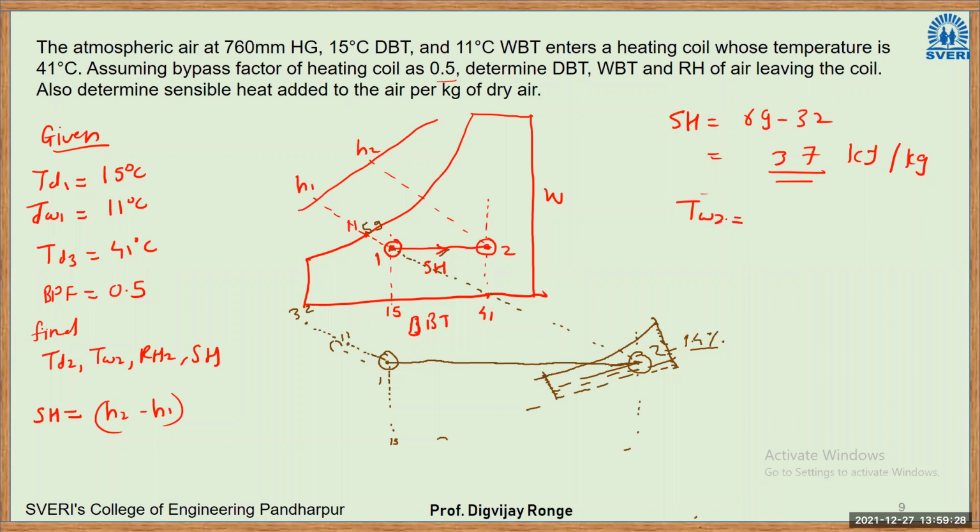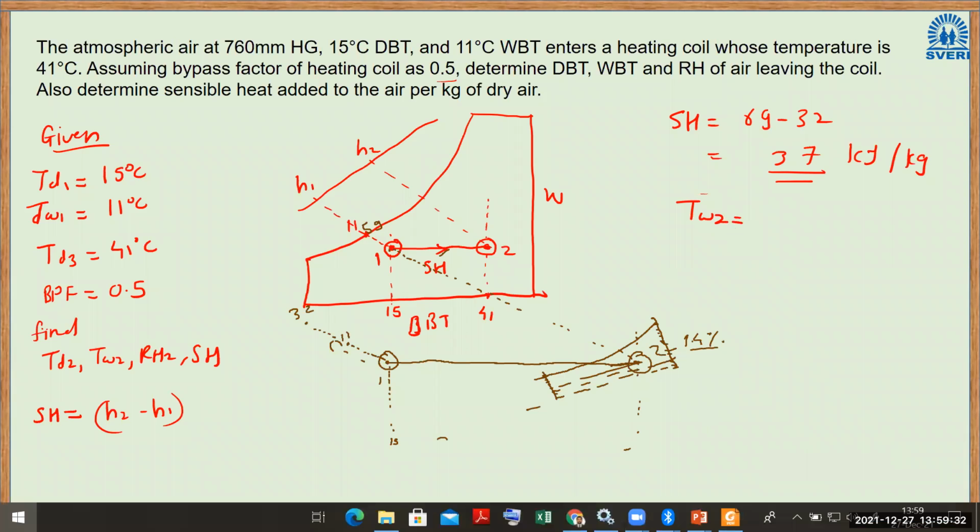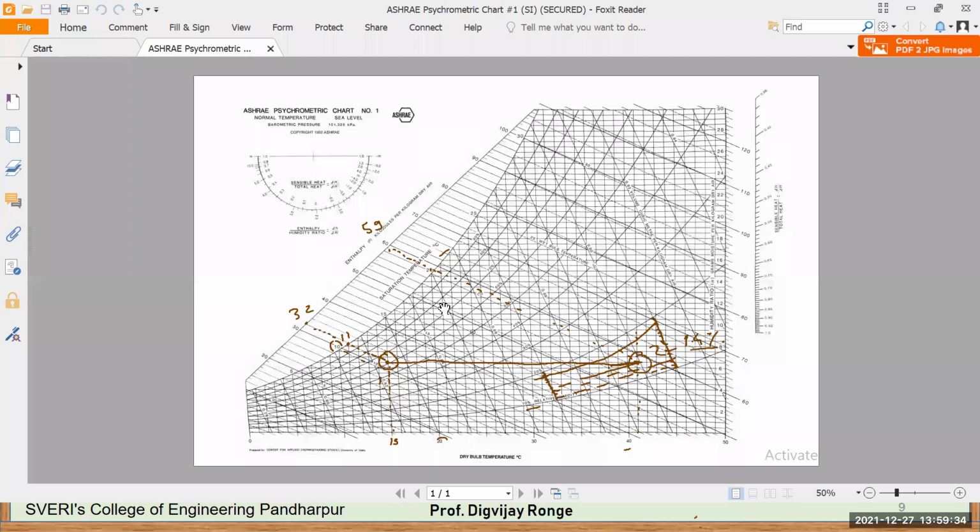TW2 in this case, I think we have not calculated. Yes, we have not calculated. So TW2 I have to calculate. So this is the inclined line which crosses the saturation curve here. And here it is 20, and it is between 20 and 21. So I'll take it as 20.5, right?